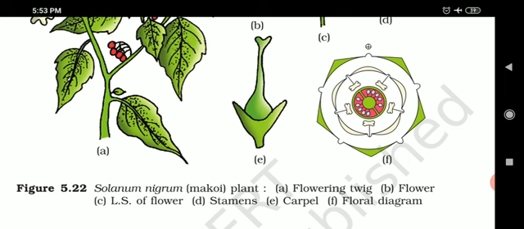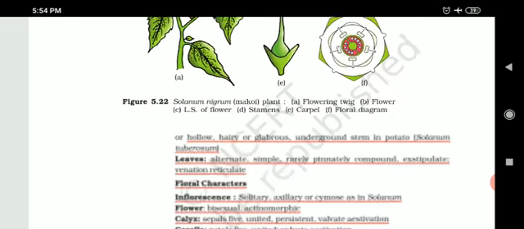First of all, calyx: they are 5 in number and united, with valvate aestivation. Coming to corolla, petals are again 5 in number, showing valvate aestivation, and they are fused with each other. Then coming to androecium, they are again 5 in number and attached to the petals. In this way, our floral formula as well as floral diagram gives a proper description of the flower.